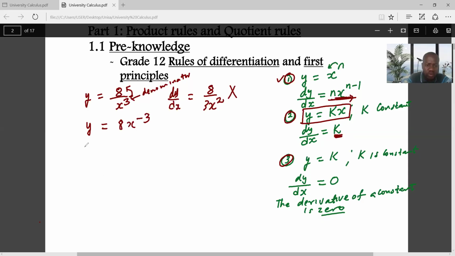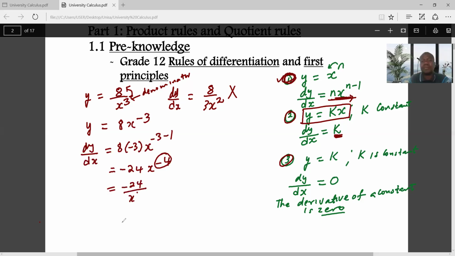Then we do the derivative dy over dx. We use rule number 1, which will be 8 times minus 3, then x to the power of minus 3 minus 1. This will give us negative 24 x to the power of minus 4. If you want to leave the answer with positive exponents, it will be negative 24 over x to the power of 4. This is what you have learned in grade 12.